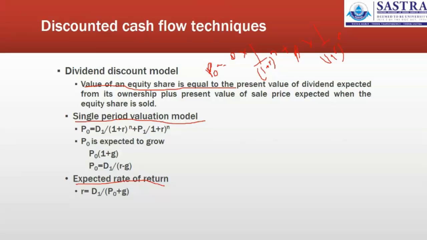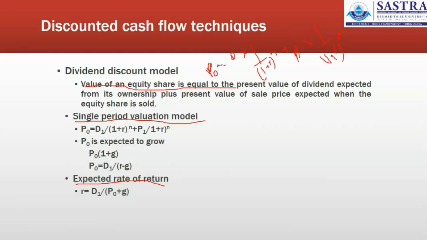The next one: how is the expected growth rate calculated? When the expected growth rate is given in a particular problem, you work it out and establish the intrinsic value.